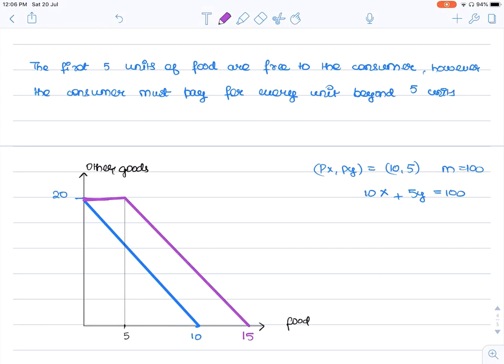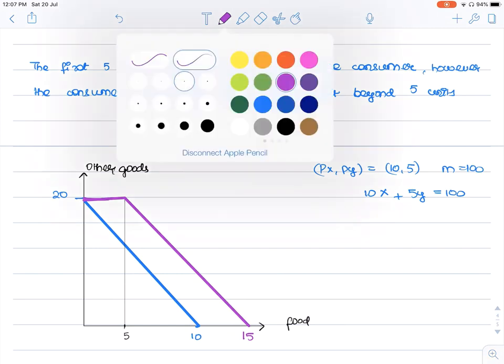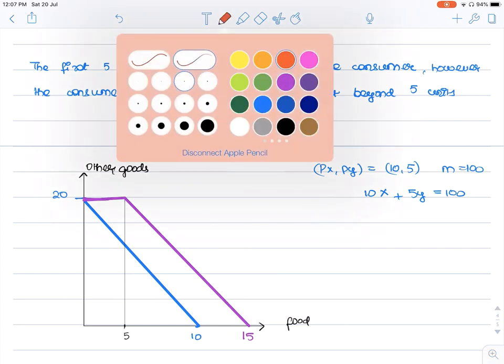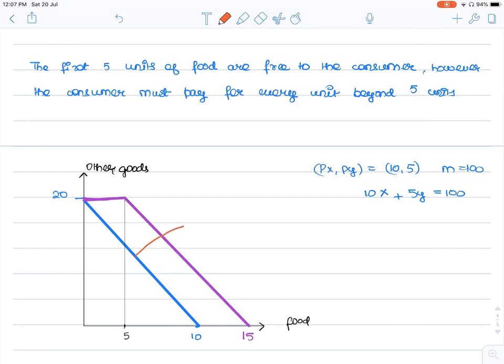So the horizontal intercept is 15 now. This violet budget line is nothing but the budget line with food stamps.